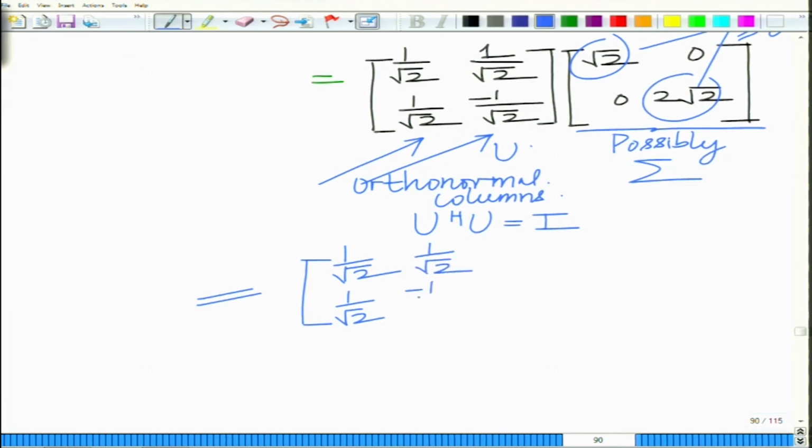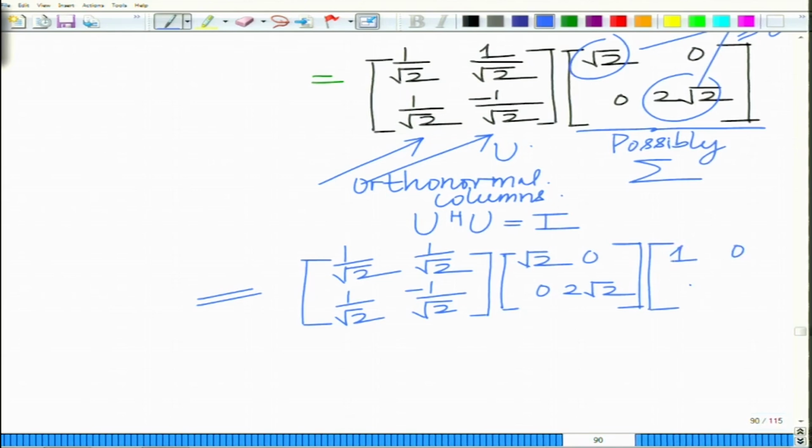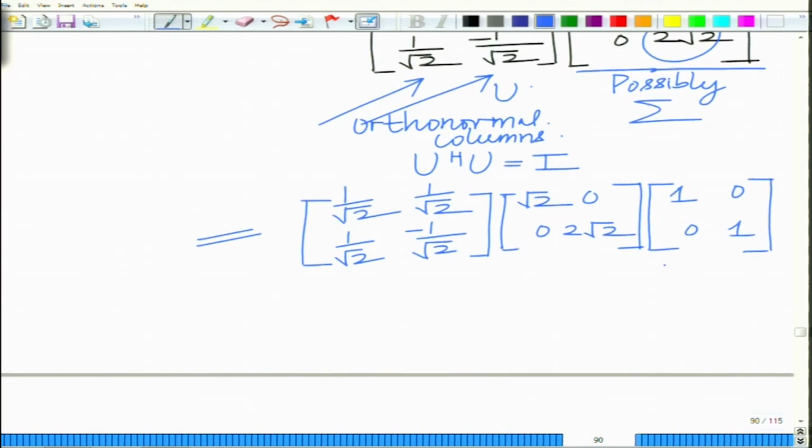So, this will be 1 minus 1 over square root of 2, square root of 2, and here I can simply use the 2 cross 2 identity matrix.